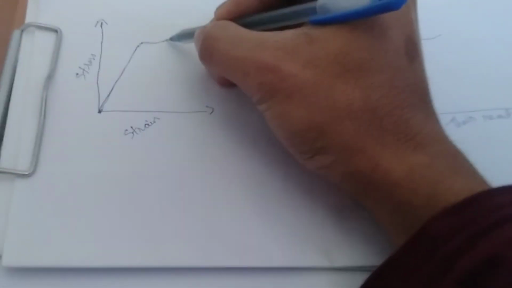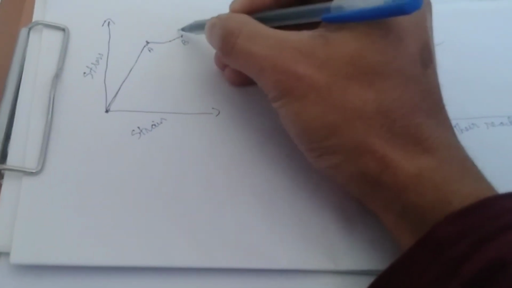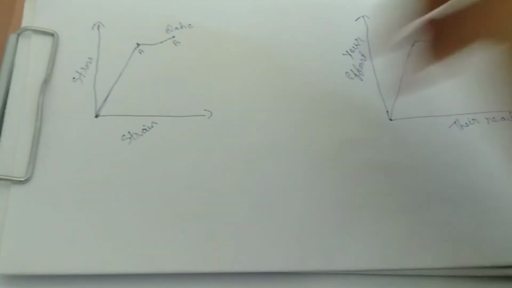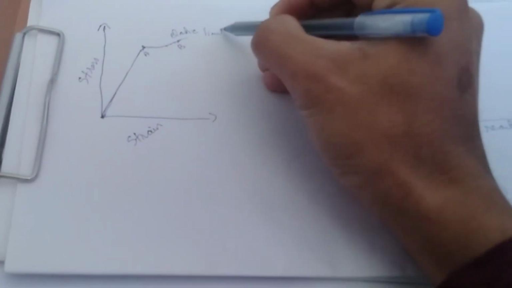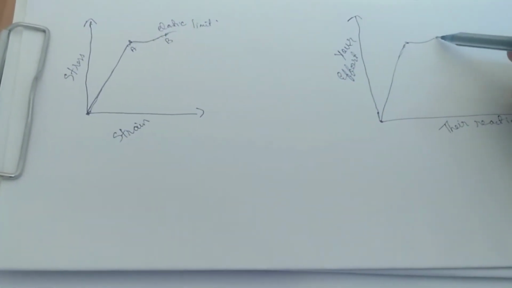Once you reach a certain point, say B, this is called the elastic limit. Any material, a wire, a rubber, or anything starts to break off. Even in a relationship, when you put in too much effort, your relationship starts to break down.